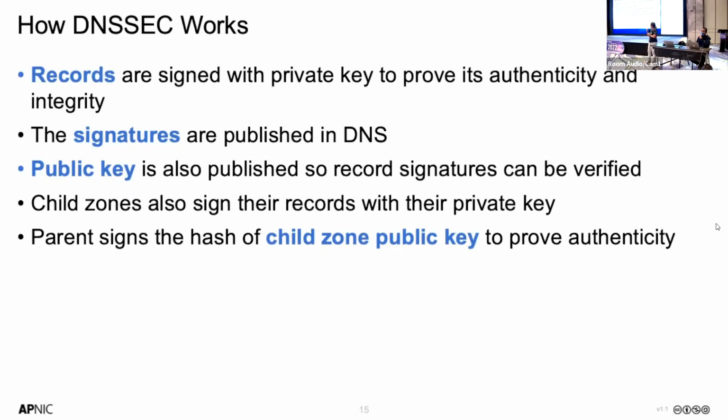Now the signatures are published. Do we have to use any third parties for that? Oh, well, actually, we can just use DNS, right? So we are going to have those signatures published via DNS. And what about the key? You need the key to verify the signature. We are also going to publish the key into DNS.